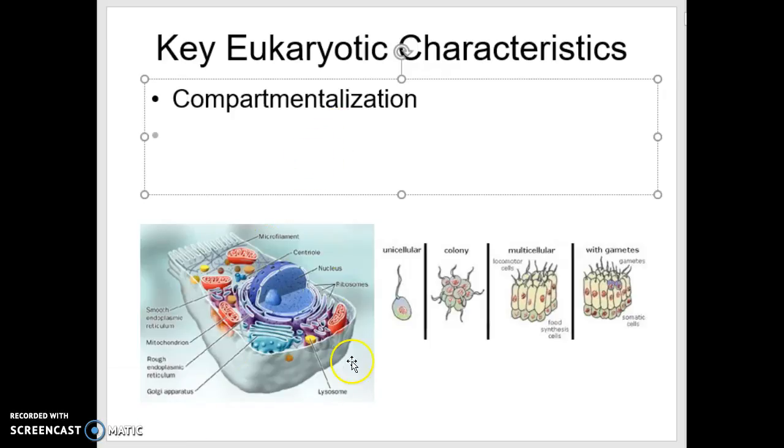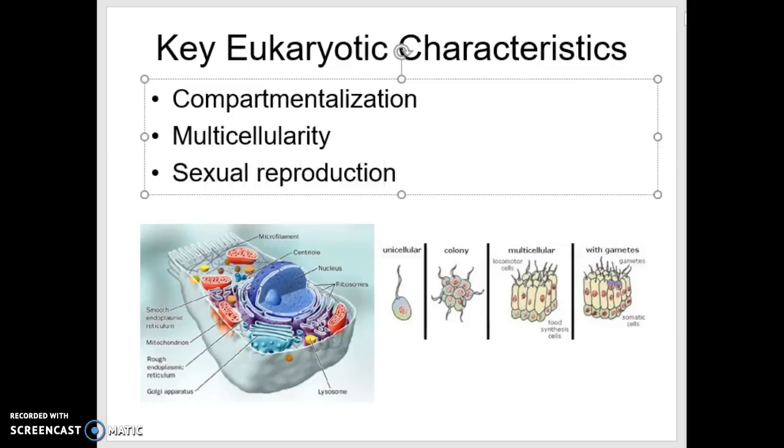Not all, but lots of eukaryotic cells exhibit multicellularity. We're multicellular organisms. Not all, but a lot of eukaryotic organisms are multicellular. So then those cells had to work together. Prokaryotic cells are individual, single-celled organisms. And we will see sexual reproduction in eukaryotic cells. It's different than the prokaryotes.